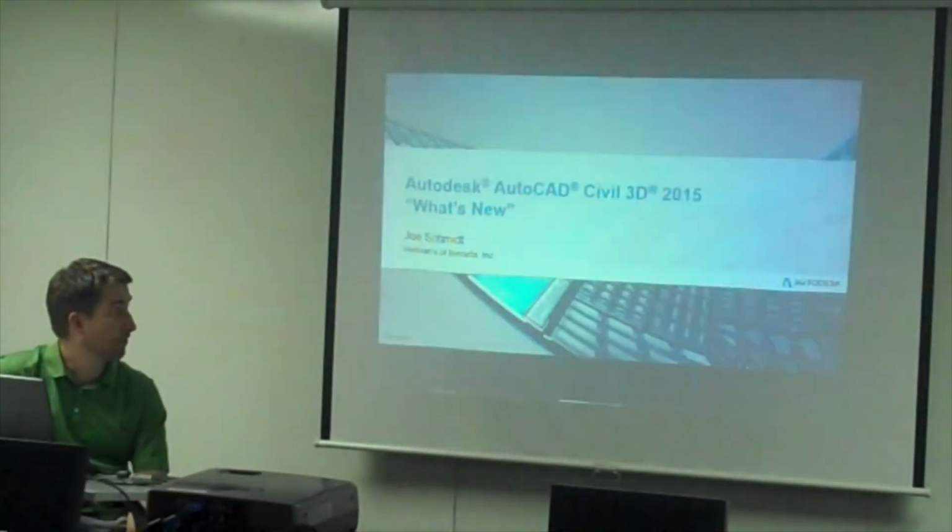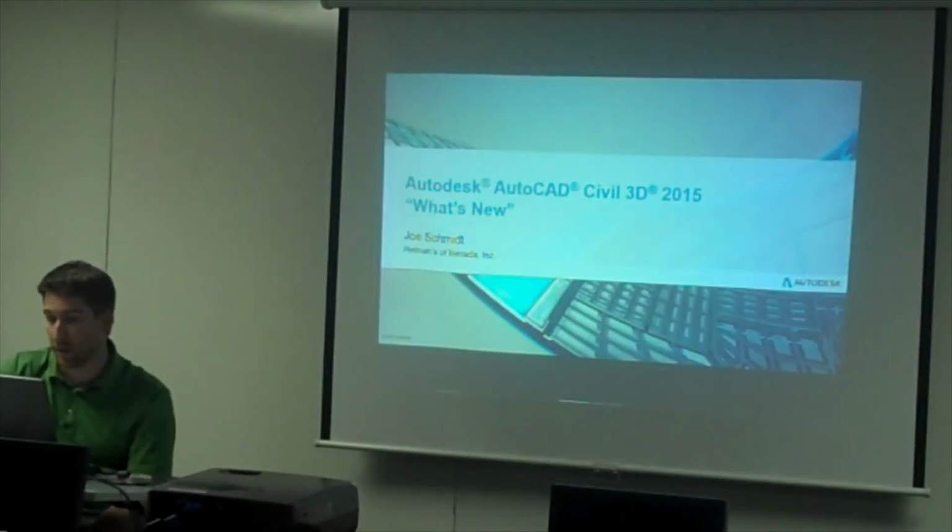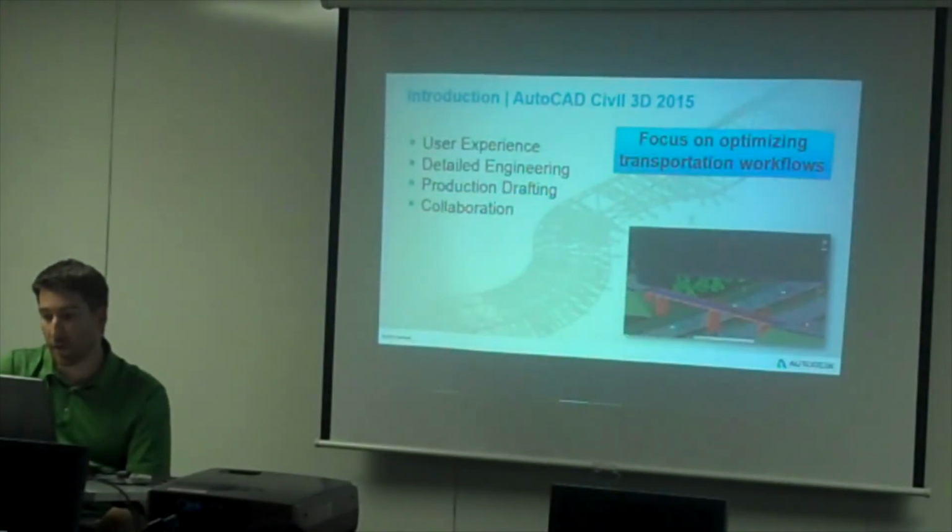All right, so let's talk Civil 3D real quick. Civil 3D, again, is the civil engineering platform for Autodesk. It starts with points and surfaces. It then transitions from there, if you're doing residential stuff, into things like parcels and grading.